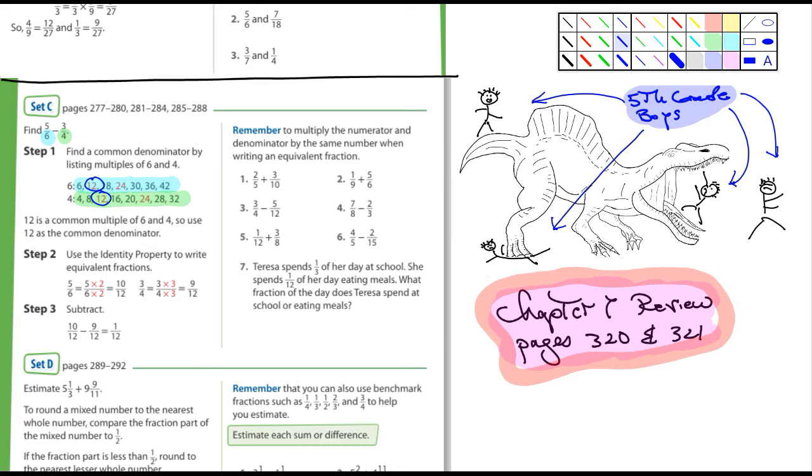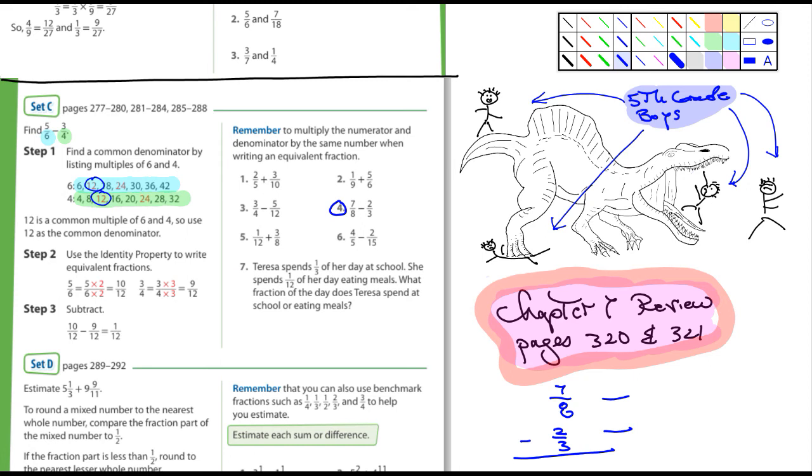Let's just do one of these here. Okay, how about number 4 here? So it's 7/8, and I'll set it up right down here, 7/8, and we're subtracting 2/3. So we need a common denominator. And you could write multiples of 8, 8, 16, 24, 32, and so forth, and you could do the same thing with 3, 3, 6, 9, 12, and so forth.